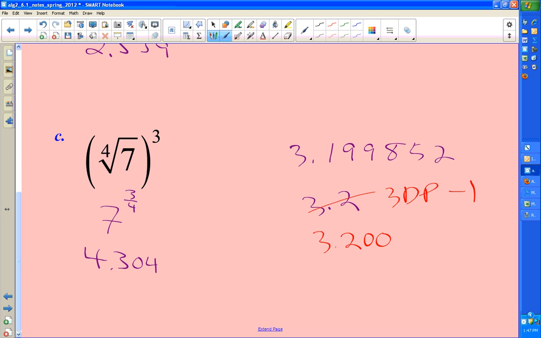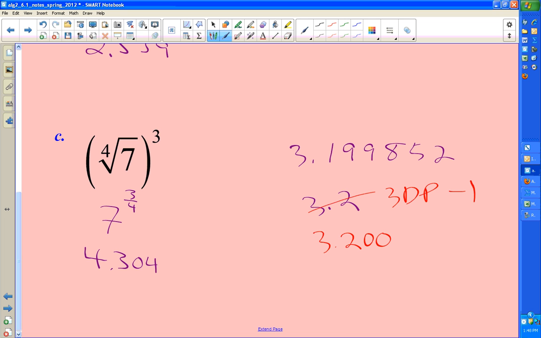Now the reason why you have to put those zeros is because if you put 3.2, that means if we're rounding to 3 places, that's an exact answer. If you rounded and happen to get a 0 in the 3rd place, and in this case in the 2nd place, you would have to say 0.200. That lets me know that you rounded to that point. 3.2 and 3.200 do not mean the same thing.